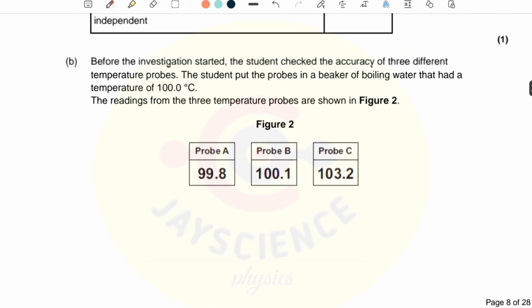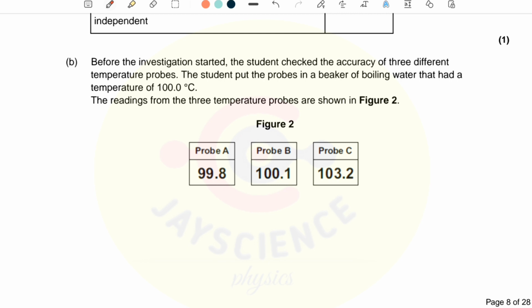The reading is 100 degrees. That's the actual reading. The least accurate would be the one that has the greatest difference between the actual reading and what you got from the probes. So 99.8 is not too far, about 0.2 difference. It's kind of close, but not perfect. 100.1 for probe B is very, very close, accurate as well.